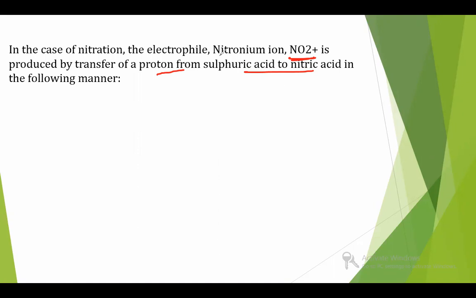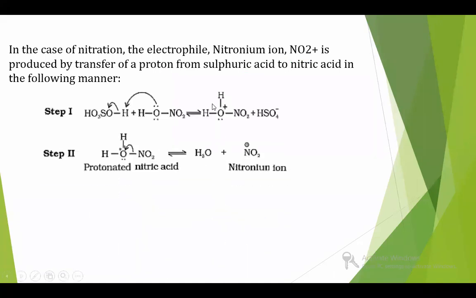I think in the earlier session I explained how they combine. H2SO4 can be written as HSO4 minus and H plus. This H plus combines with the oxygen in the HONO2 group of HNO3. So HOH is H2O.